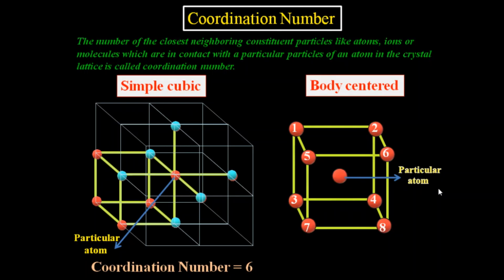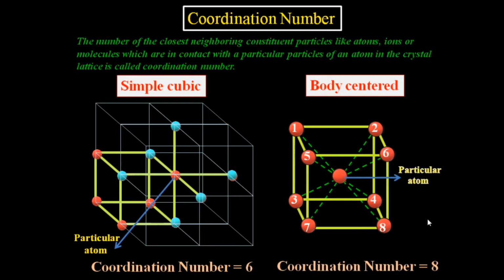The atom at the body center is in contact with 8 identical equidistant atoms. The atom present in the center of the body is in contact with 8 equidistant other atoms or particles, or simply, commonly, we call them spheres, 8. So the coordination number in the body-centered unit cell is 8.